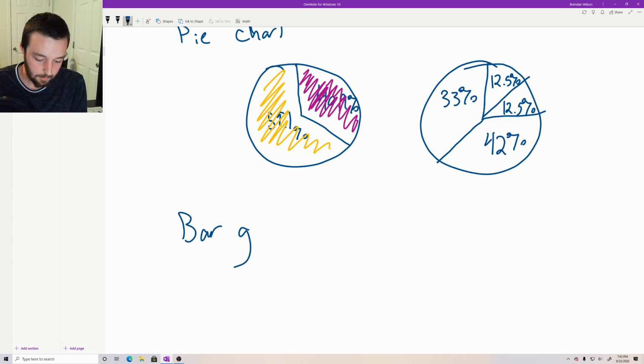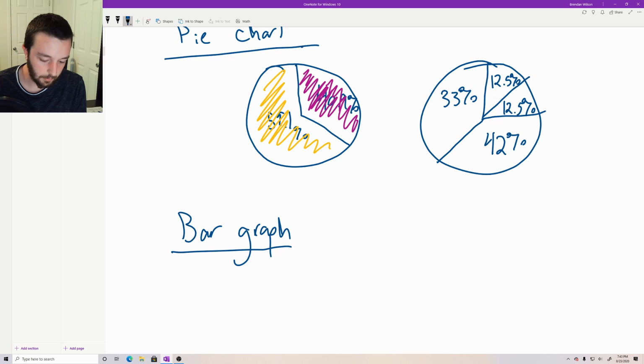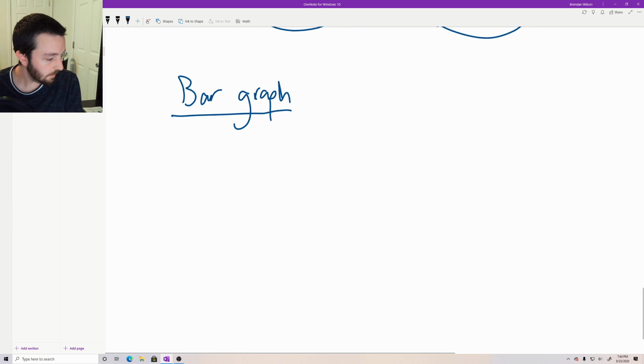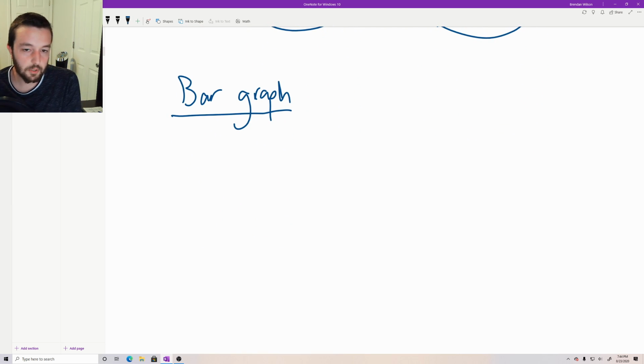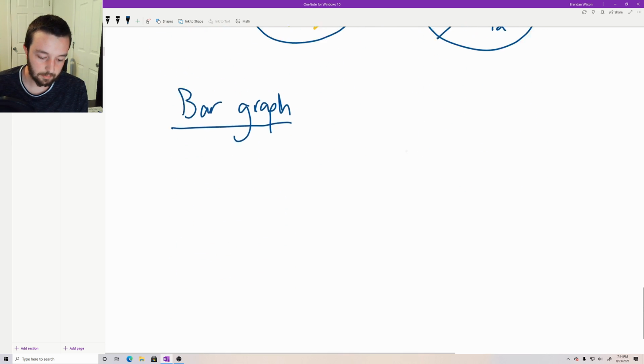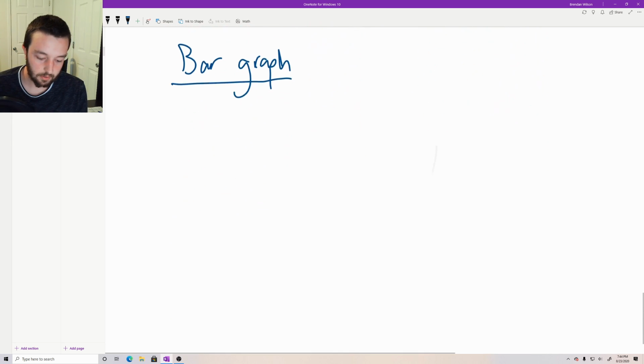The second common type of graph we might see is a bar graph. It's another one I'm sure that you've seen at some point. There are a few things we should always look at when we're making bar graphs, and really with the pie charts too.